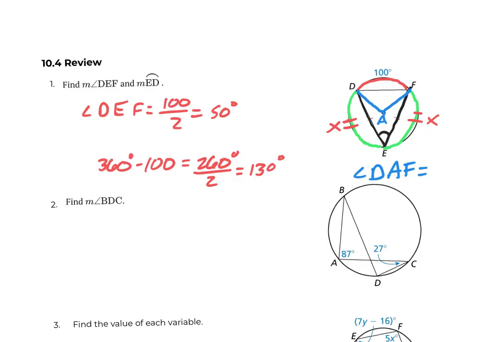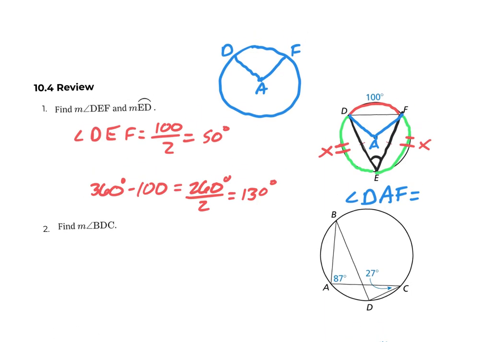Where are those two segments meeting at? If I were to redraw my circle here, at the center, right? So this is D, this is F, this is A. We already identified that this arc up here is 100 degrees.